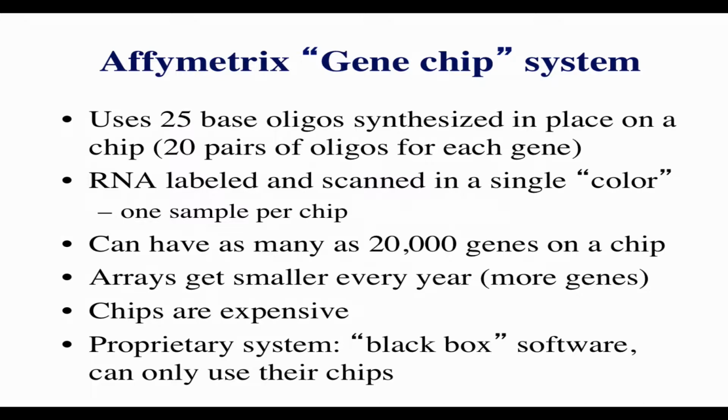A company called Affymetrix got into this business around the year 2000. They had a number of important innovations, but probably the biggest was black boxing all of the data collection method, turning it into proprietary software that the investigator could not tweak.